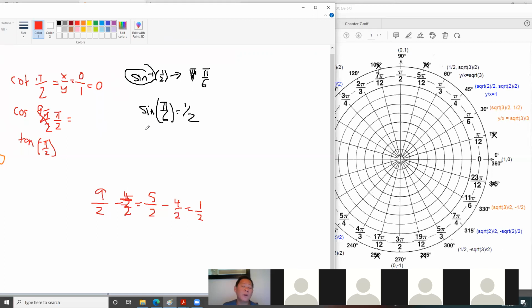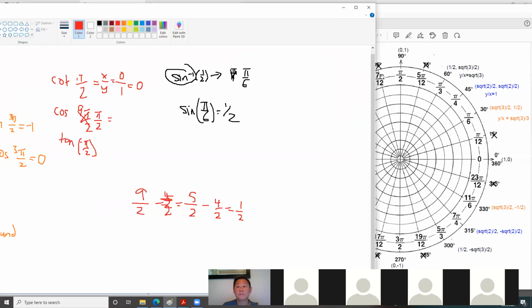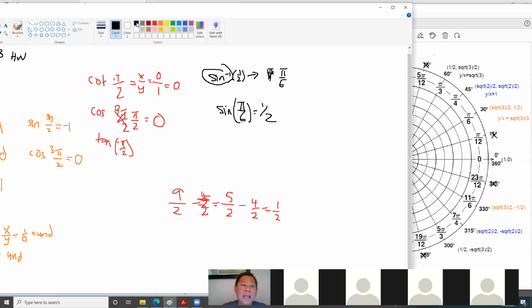And can someone tell me what is cosine of that? And your answer is 0. Yep. And don't forget that sometimes your angle can be negative. If your angle is negative, then you can use the even odd identity.